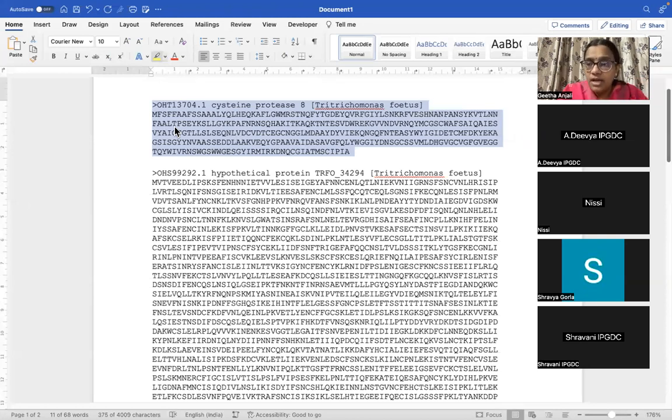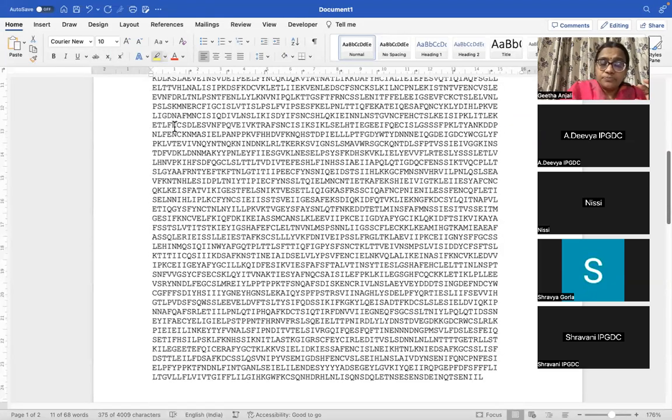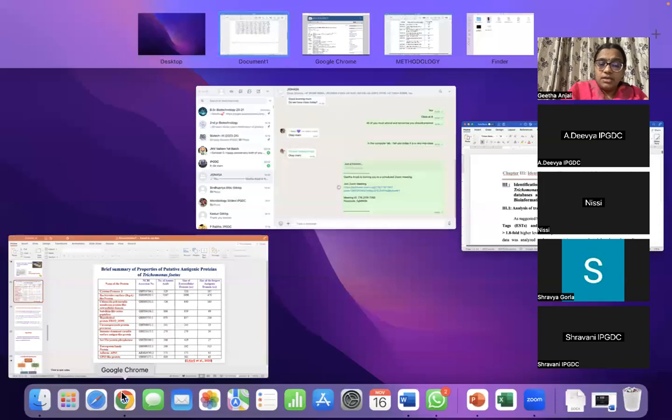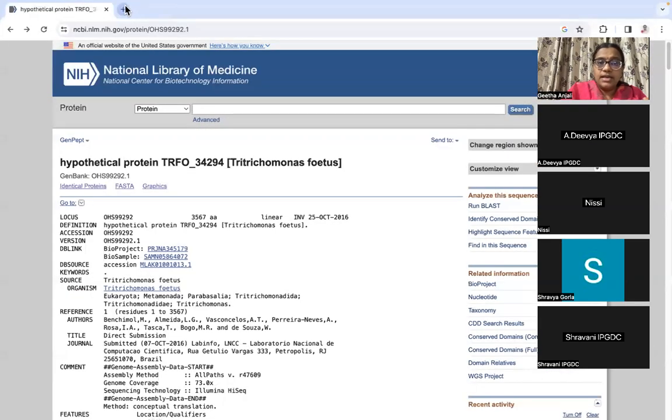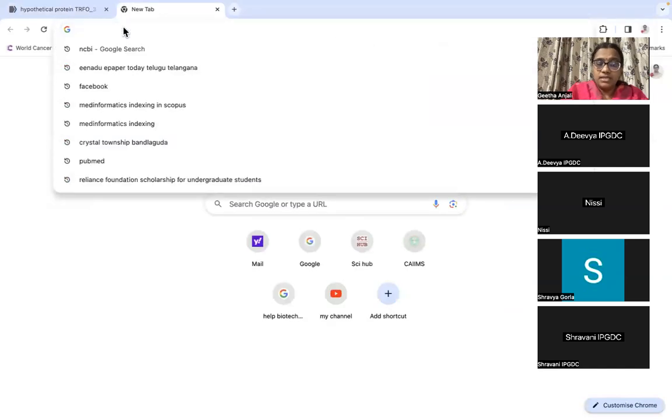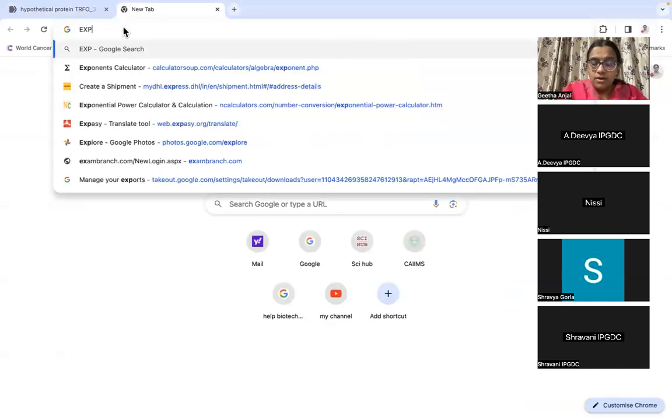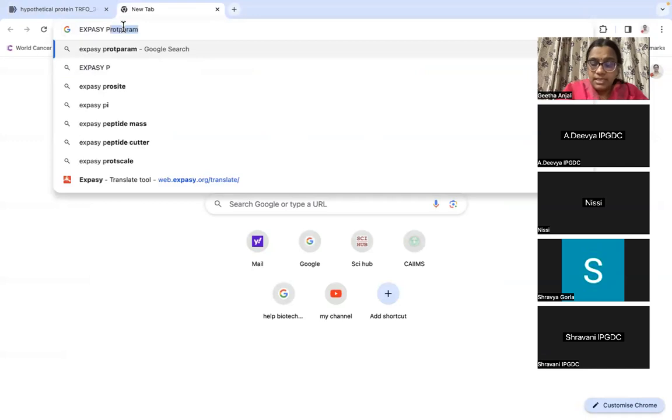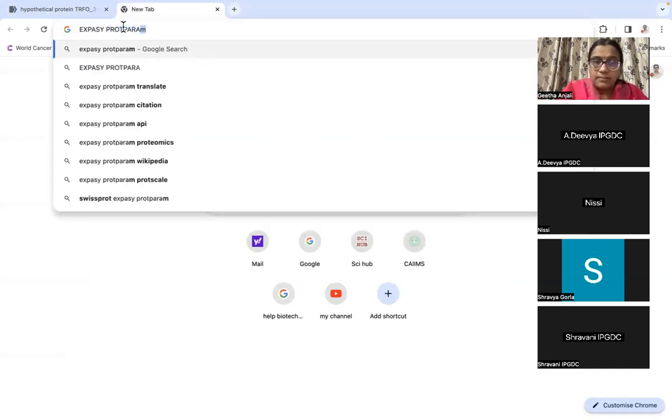There are very good online free resources wherein you can just submit your sequence and get the physicochemical properties of the protein. The site is ExPASy ProtParam.